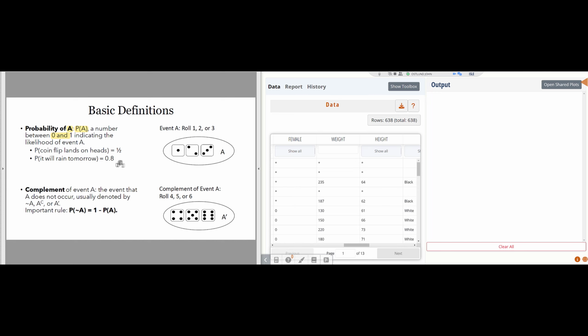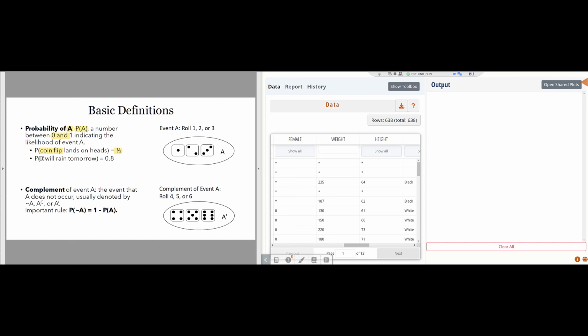For some specific examples, if we have a fair coin and we flip the coin and the coin lands on heads, heads is one of the 2 possible equally likely outcomes here. And so we would say that the probability of a fair coin landing on heads is 1/2.